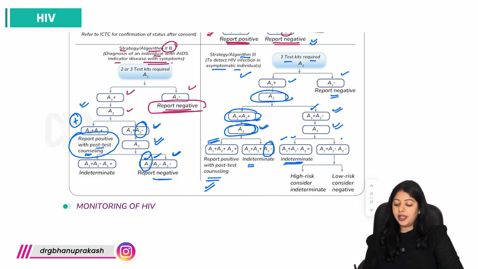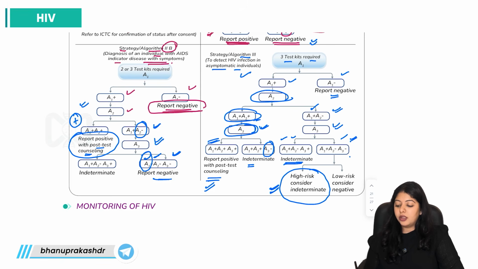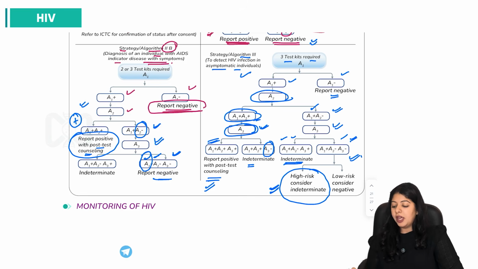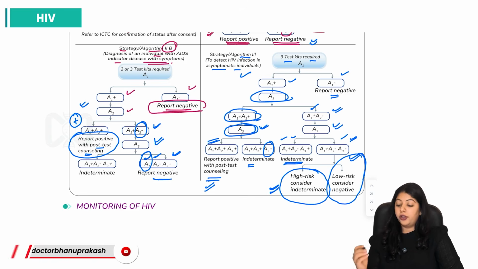Whereas if the first test was positive, and the second and third come out to be negative, then if it is a high risk case, we are going to consider it as indeterminate. And whereas if the risk is very low, no comorbidities, CD4 counts and everything else monitored properly, only then we would consider it as low risk or negative.